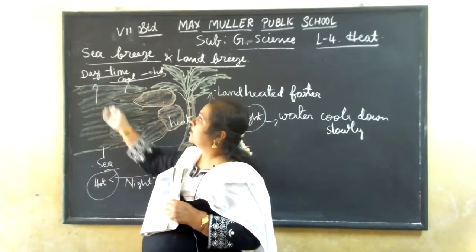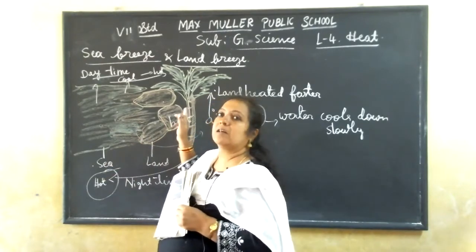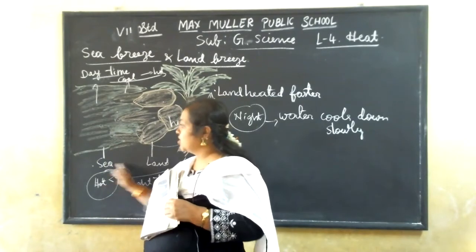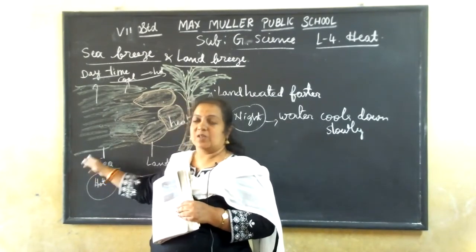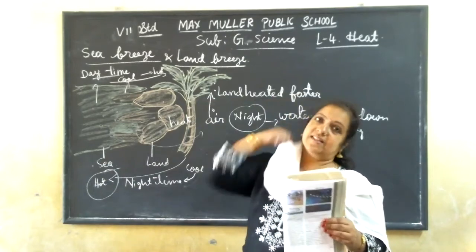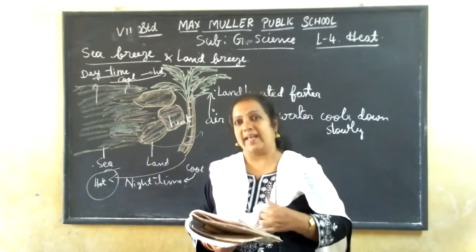So warm molecules start to move upwards to occupy this area. The air molecules which are present on the land rush towards this area. So this is what we'll call a land breeze. This is also a convection cycle. It is occurring in the coastal areas.